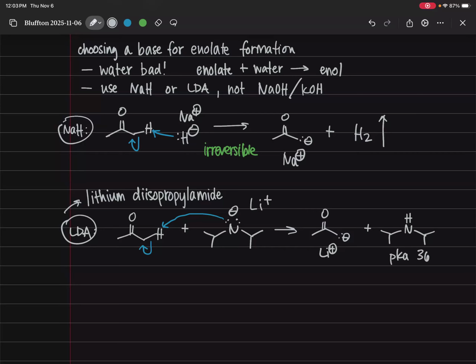Now, here we have the hydrogen bubbling out. That's our driving force for that reaction. For this one, it's that this molecule is really stable. The isopropylamine has a pKa of 36. And so even this enolate is not going to be able to pull that hydrogen away from the nitrogen.